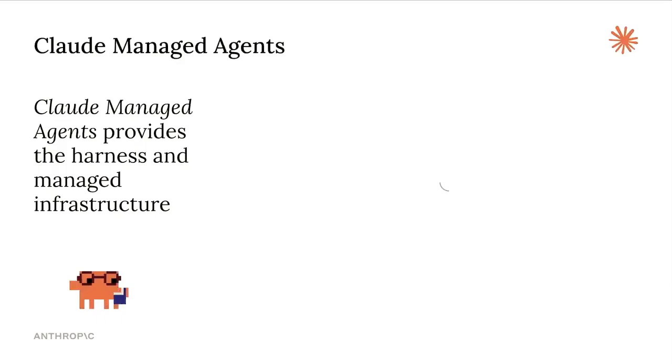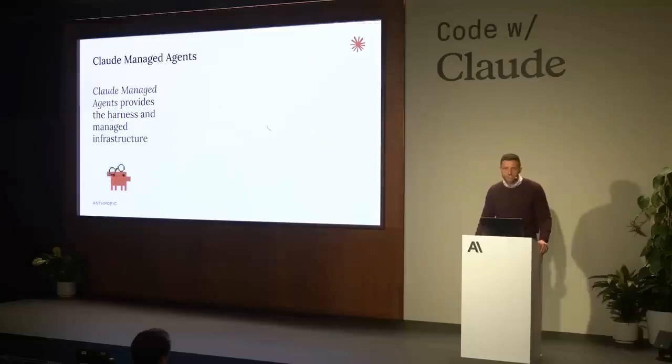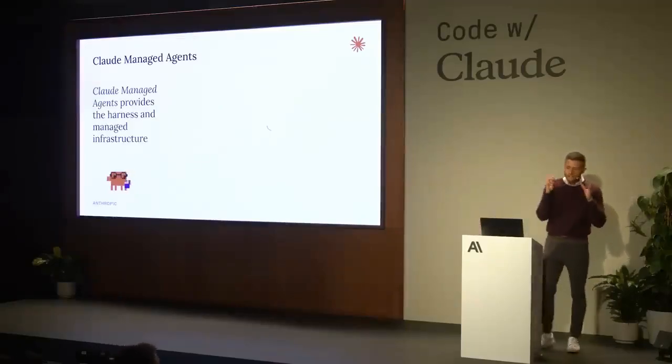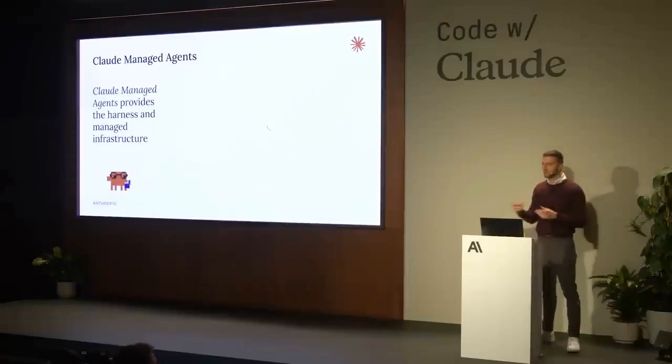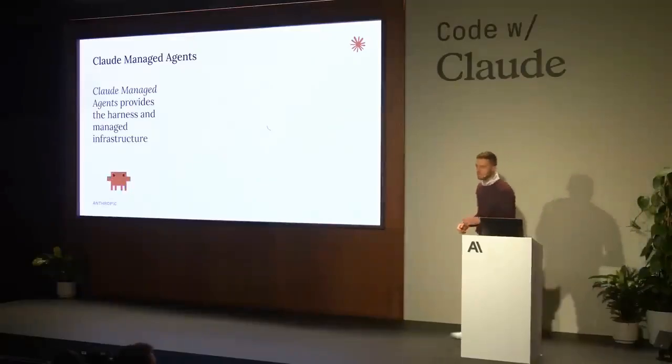Claude managed agents essentially allows us to offload the messiness that comes with maintaining an agentic harness and scaling agents safely and securely to thousands and tens of thousands of users, right? Like if I want to build my agent locally and run it locally, I can do that pretty quickly and pretty easily.